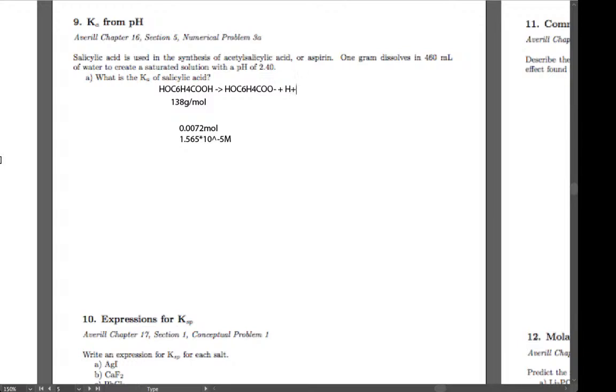So this would mean that you need to subtract x for this one, because it is at equilibrium. That should be minus x, and then for the H3O plus, that would be plus x.